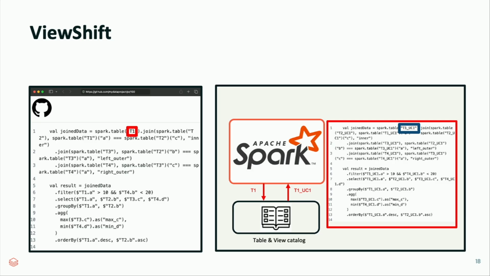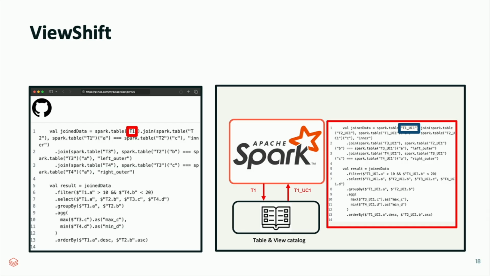For example, in this case, we're trying to resolve T1 from the Spark engine to the underlying metadata catalog, which again can be Hive Metastore or Iceberg REST catalog. And then the catalog would respond, based on the context information and what it knows about the application, with the proper view name that would apply the privacy and compliance rules onto that table. In this case, the catalog would automatically resolve T1 to T1 underscore UC1, for example.